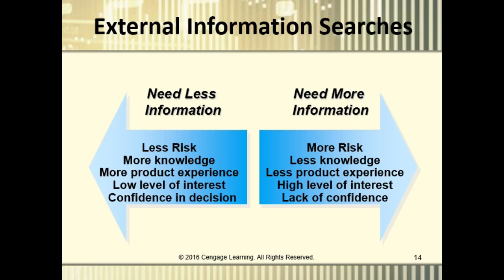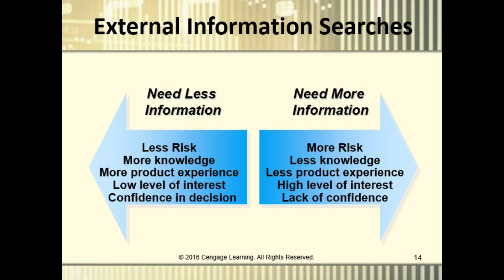Now, when you're looking for information externally, the extent to which you conduct external information searches depends on multiple factors. It could depend upon the risk of buying the product.